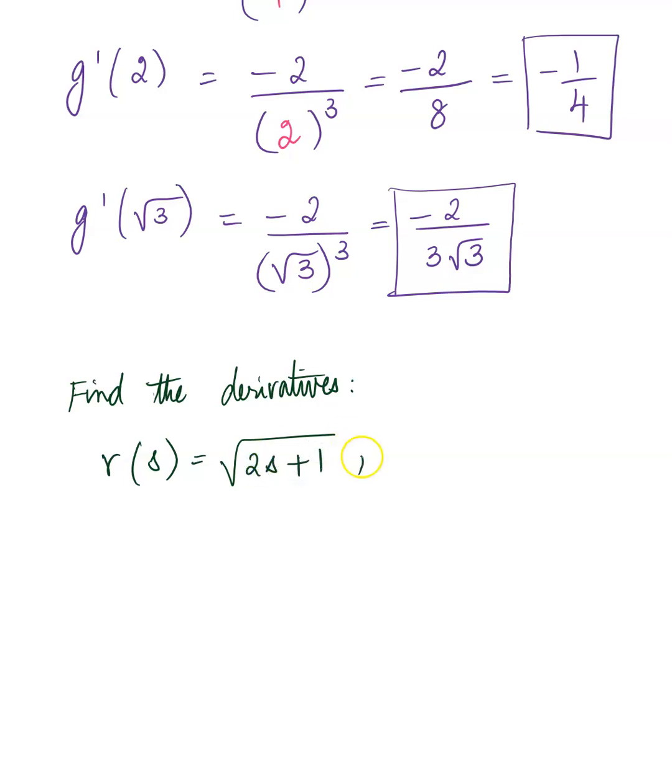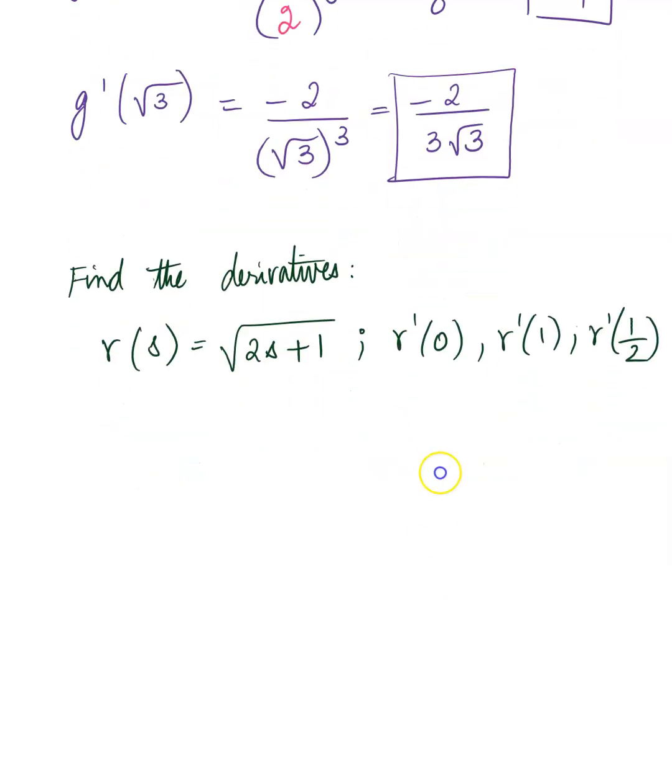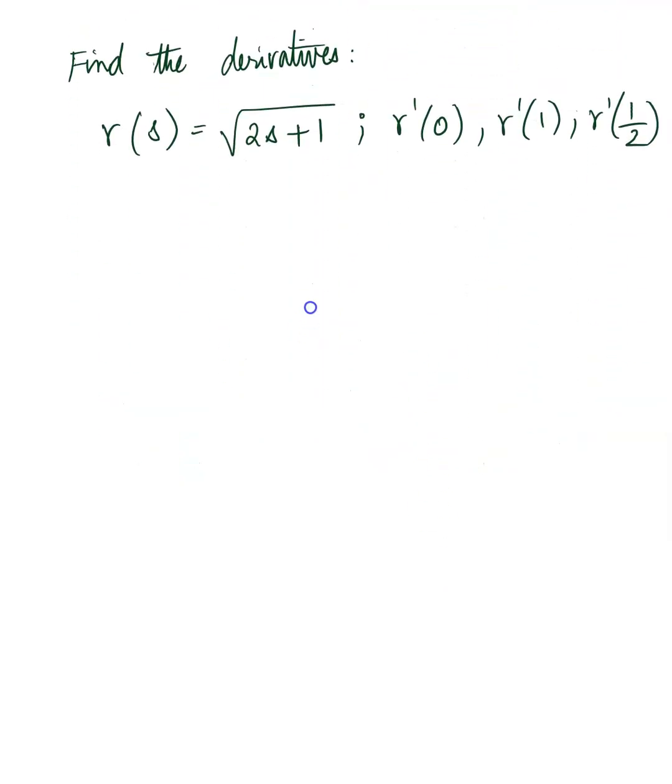I'm using a lowercase s, it is case sensitive here. So watch out for the r and the s. The function is r and the variable is s. Okay. So let's compare our answers at the end of the problem.